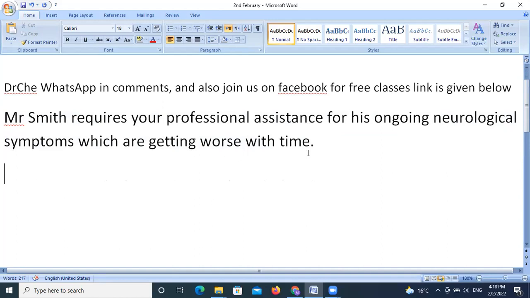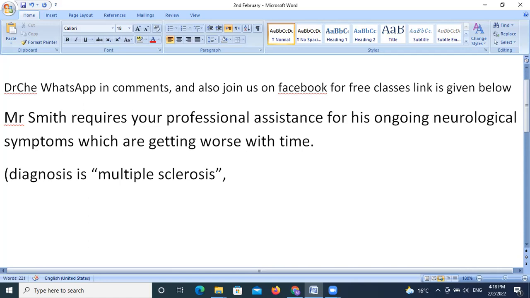So let us see. First of all, this is a purpose, and the diagnosis of the patient is multiple sclerosis. Okay, diagnosis is multiple sclerosis.